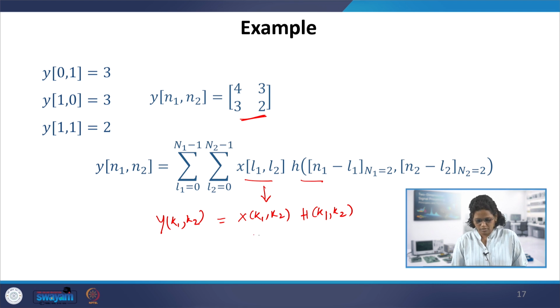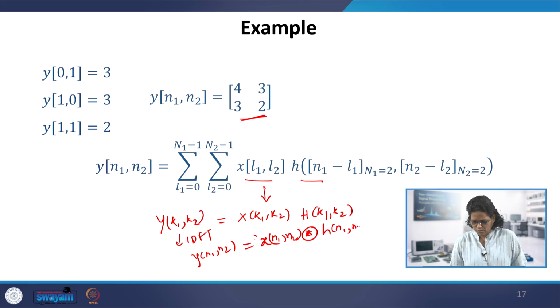Okay, so that is the DFT of the multiplied coefficients, and compute the inverse DFT, that is the 2D DFT. That would result in y of n1 comma n2, which is nothing but the circular convolution of x and h. A very important property of the DFT can be obtained. So these are related in a circular convolution.